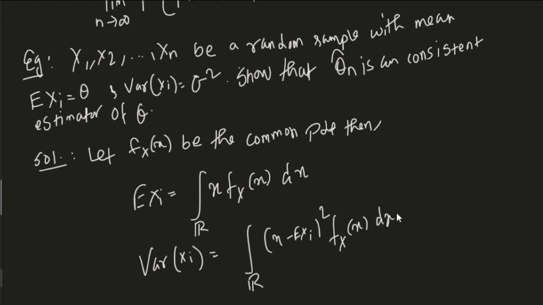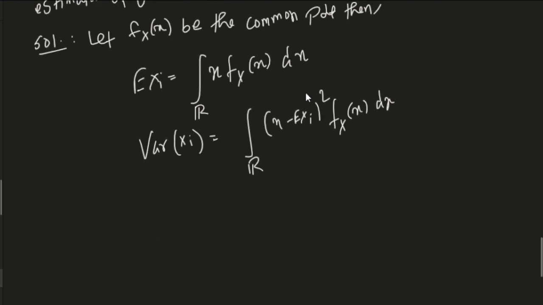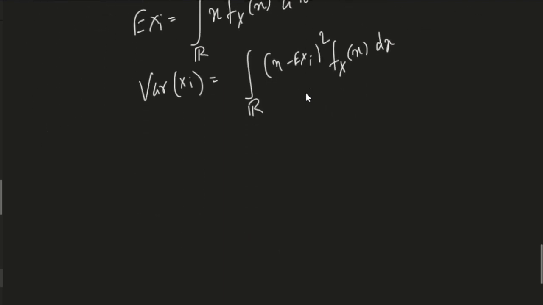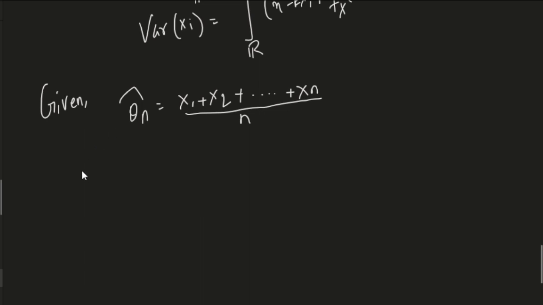Okay, and we want to show that theta n is a consistent estimator, where theta n is basically equal to the sample mean. We would like to show that this is the consistent estimator of E of Xi, and let E of Xi be equal to theta, which is also given. So therefore we need to show the following.